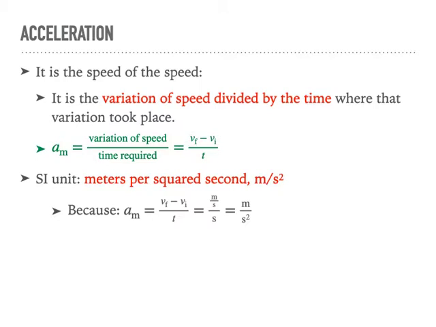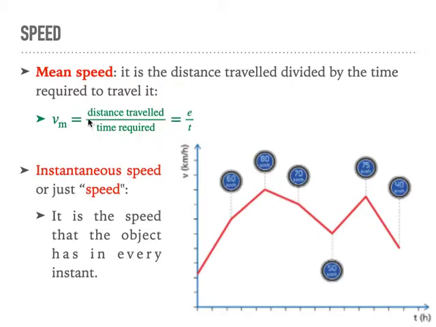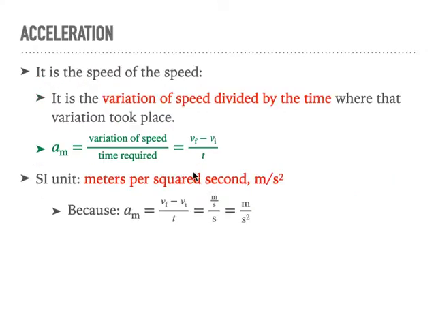Remember, I hope you remember that the speed we define as the distance traveled in the time required. So here we're going to have also the division of something, but here instead of the variation of the position, which is the distance traveled, we are going to have the variation of the speed.